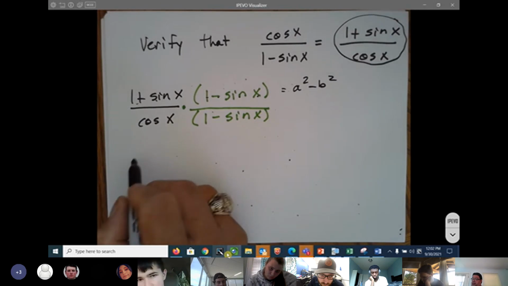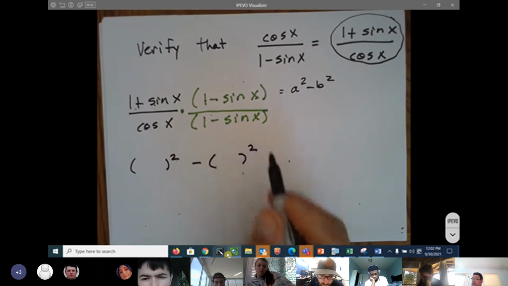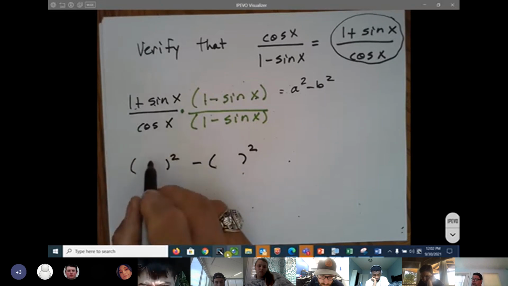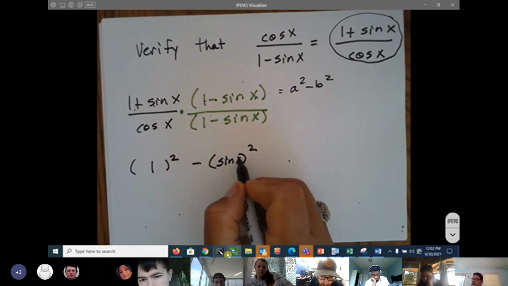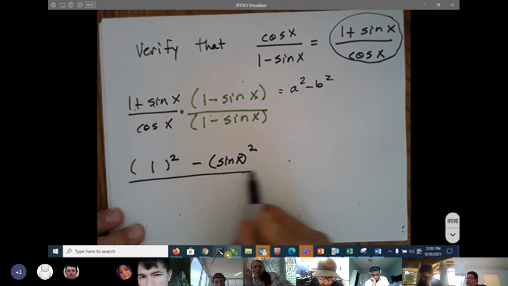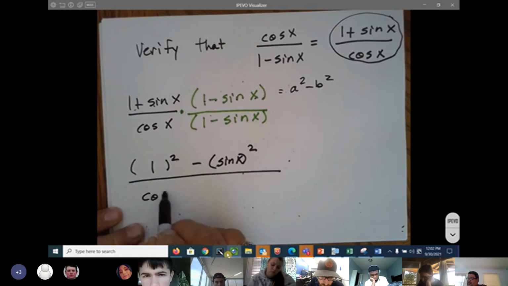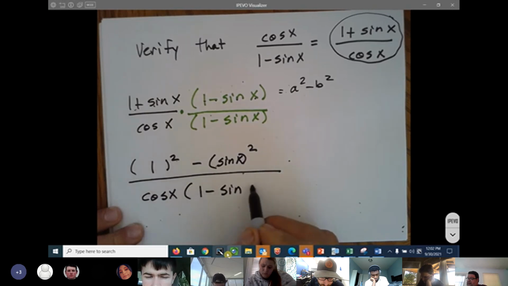So that will be parentheses squared minus parentheses squared, which is going to be 1 and sine of x over cosine of x times 1 minus sine of x.